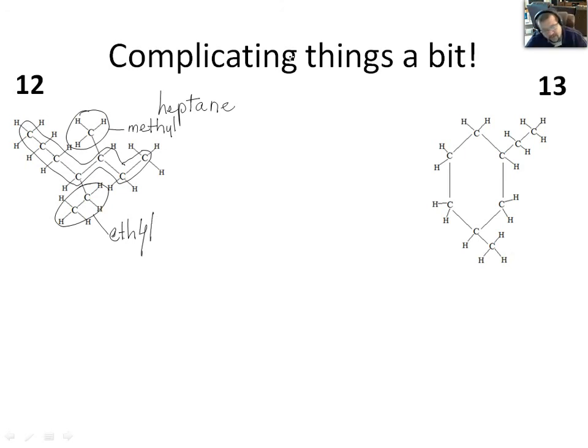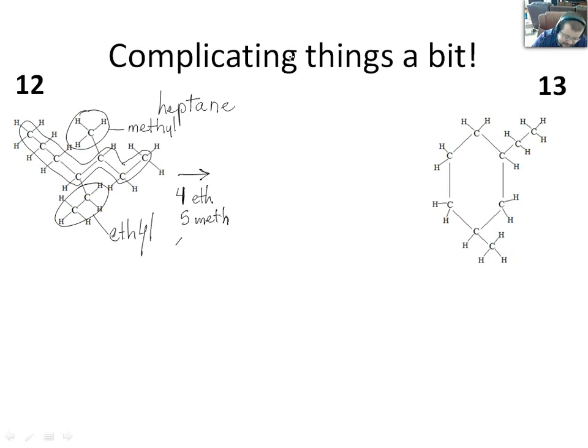And now we've got our parent, we've got our substituents named, and we have to decide where things are going to go. If I number from left to right, my position numbers are going to be 1, 2, 3, 4 for the ethyl, and for the methyl it would be 5. Now this is if I go left to right.